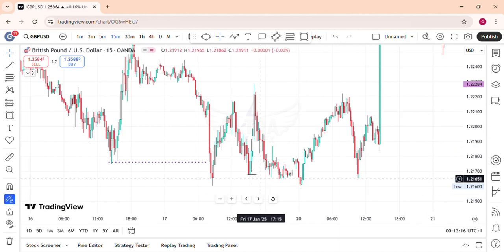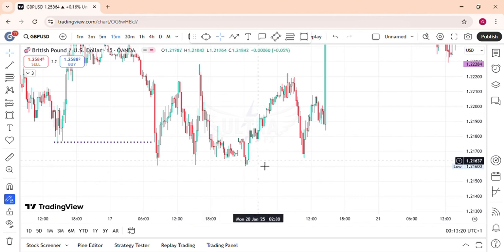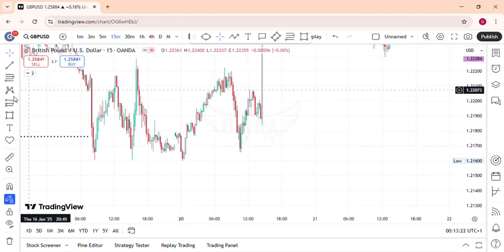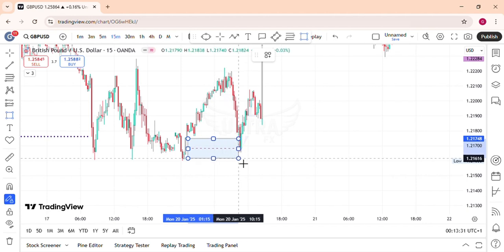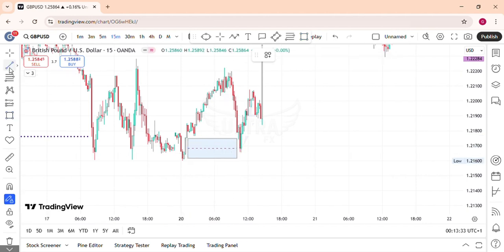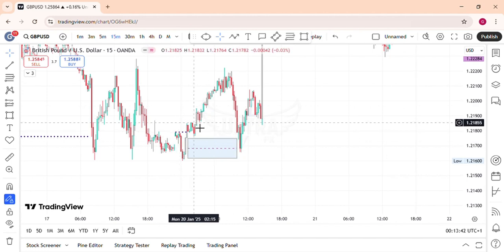So I waited for a break of market structure that was clear, and I found one. This was a break of market structure, also forming a fair value gap right here. So this is my break of market structure here on the 15 minutes. It broke this previous high here on the 15 minutes, creating a liquidity.